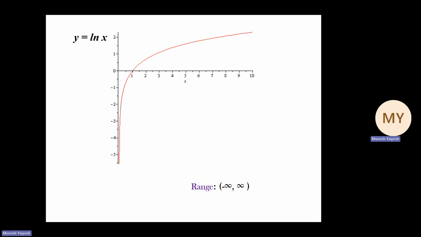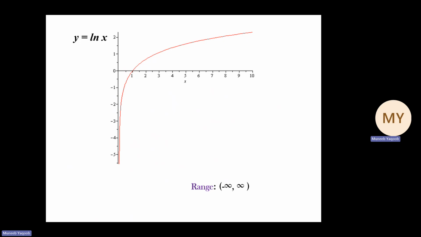Now y equals ln of x means that we need to draw a graph between ln of x and y. So at x equals 1, it will become ln of 1, which means which power of e is equal to 1.